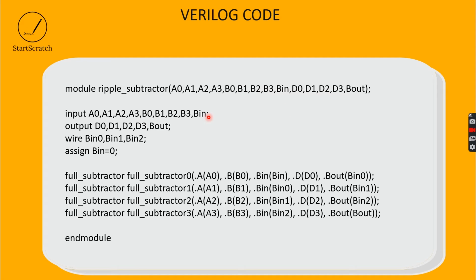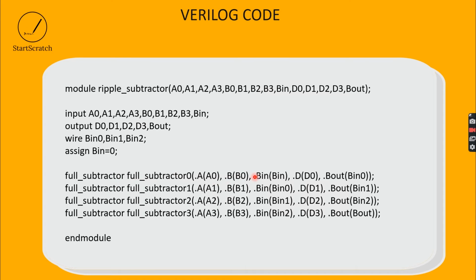They are not acting as an input, output, or inout. And I gave B in as 0 because the ripple subtractor works only if B in is given as 0. And here I took a full subtractor. Instead you can also take a half subtractor, but I took a full subtractor, it's no problem.